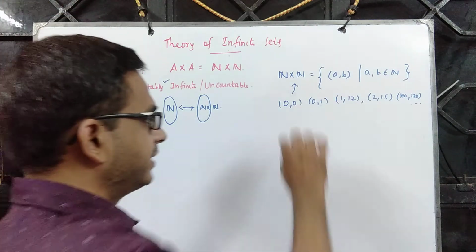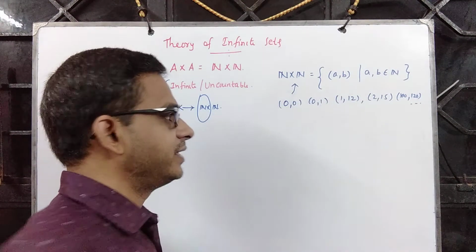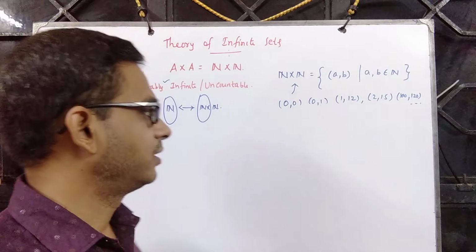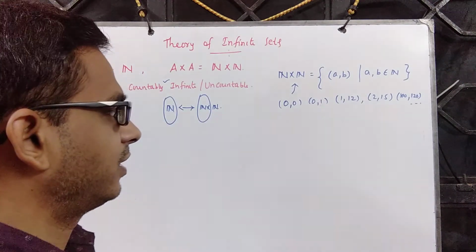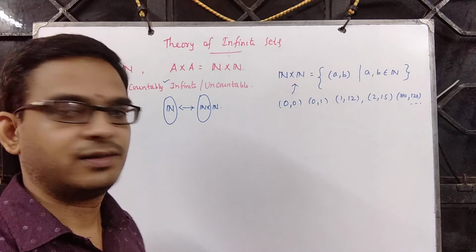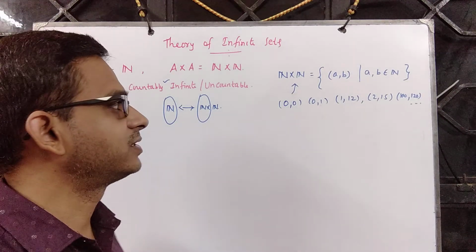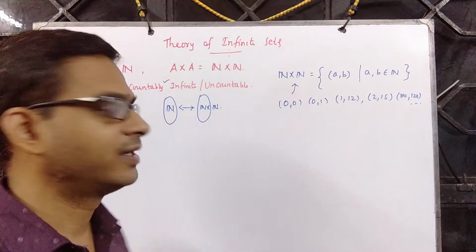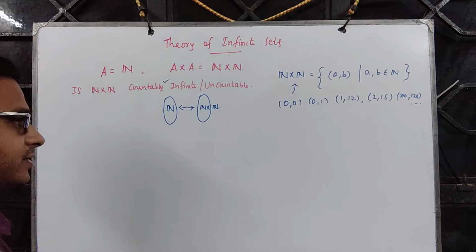So now, is there a way to systematically list these pairs? If we can, and establish a bijection to N, then we are done. Then it means N cross N is countably infinite. Yes, we'll see this.